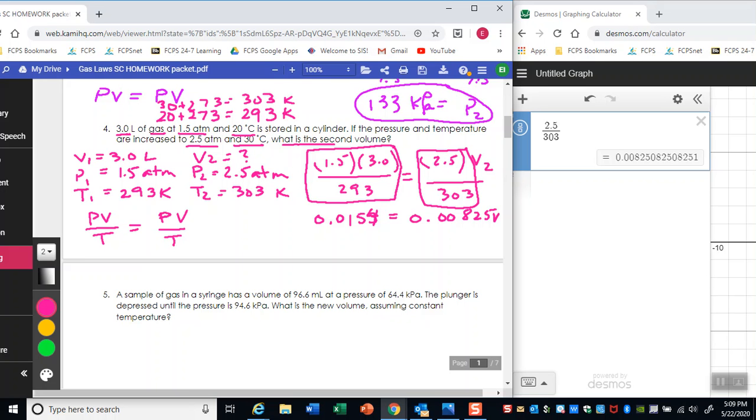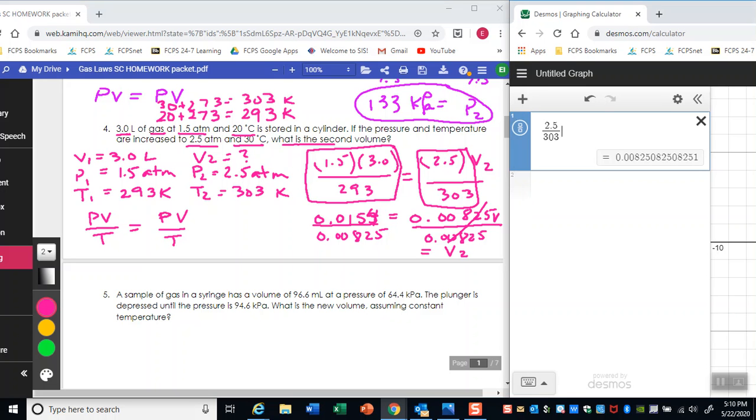Now I'm going to divide this guy. A number divided by itself is 1, so I have to do that on both sides. And so I get my volume. My new volume is going to be whatever that is.